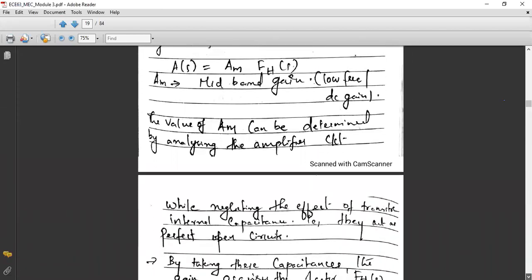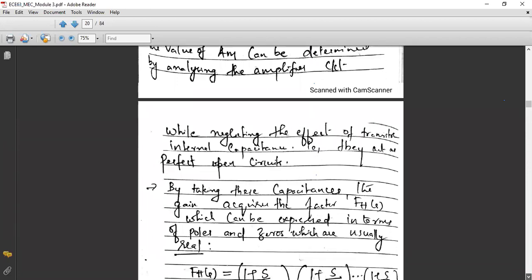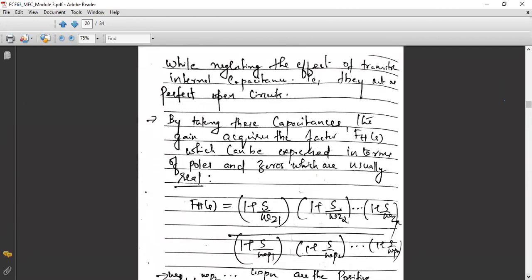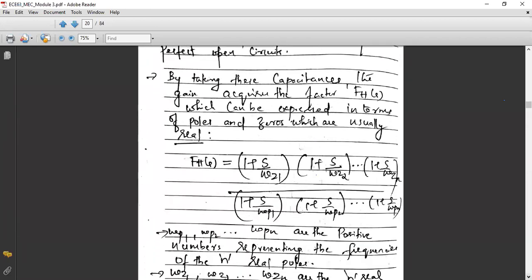Now we will go through how to write this function fh of s. This is the equation representing the high frequency gain function fh of s in terms of a polynomial in the numerator and a polynomial in the denominator. Here you have n terms in the numerator and n terms in the denominator, where each of these terms has poles and zeros.